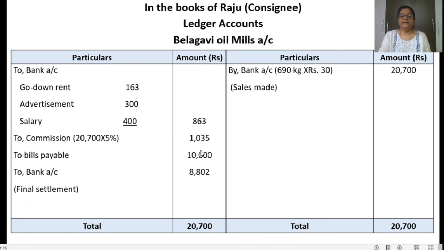Commission to him, 1,035. Bills payable 10,000. Then total sales he has made is 690 kg into 30, so it comes to 20,700. From this total sales of 20,700, he deducts all his expenses, commission, etc. Then he will pay the amount of 8,802 to the consignor through bank draft.